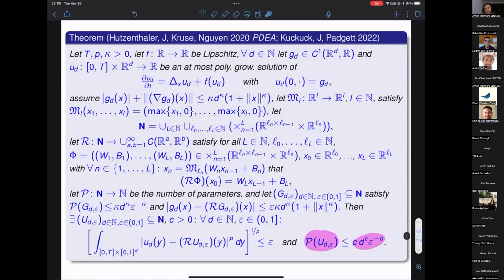That's why for deep neural networks such a theorem can be established, and for shallow neural networks there are certain counterexamples that make it impossible to establish not exactly this kind of result, but results of a similar type. With this last comment, I would like to close the talk, and thank you very much for your attention.